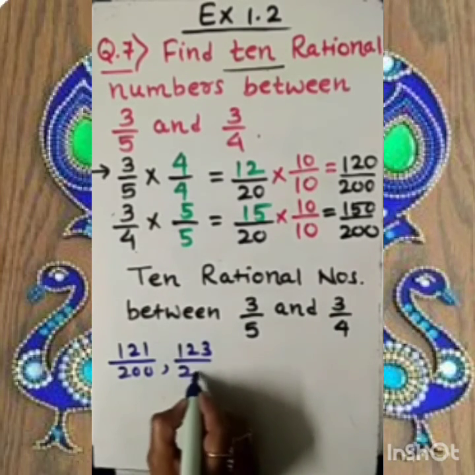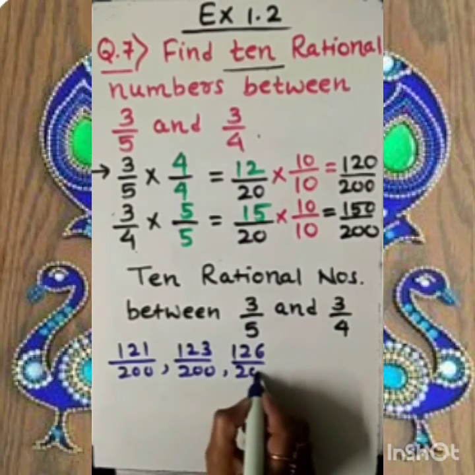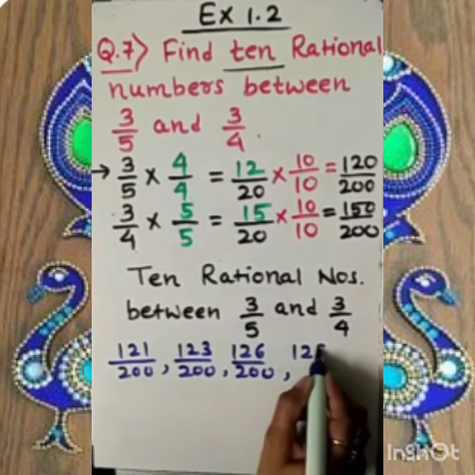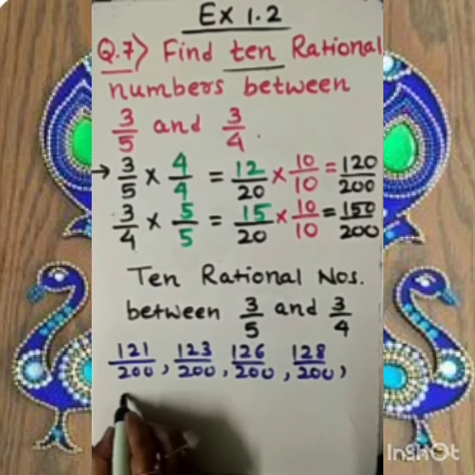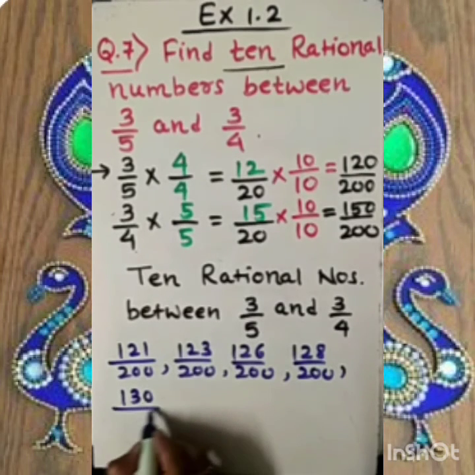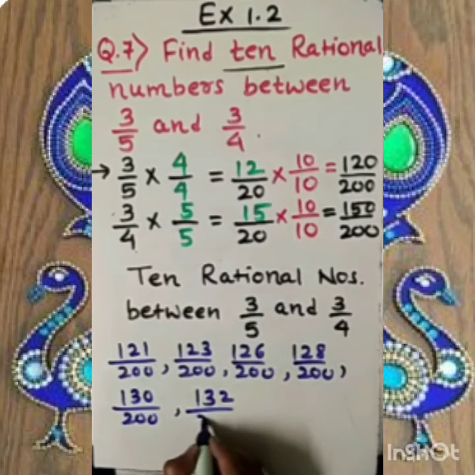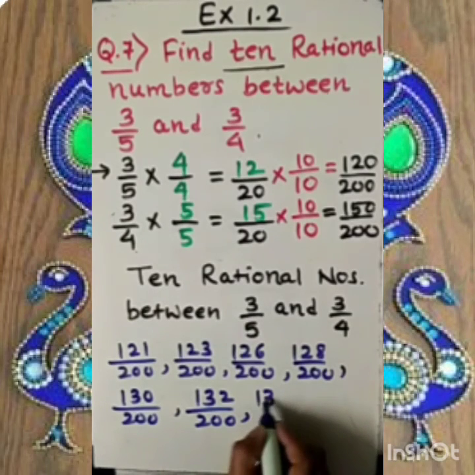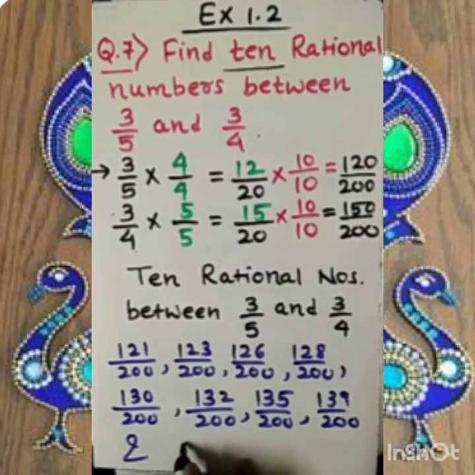123 by 200. Randomly I am choosing 126 by 200, 128 by 200. Then I would like to proceed to 130 by 200, 132 by 200, then 135 by 200, then 139 by 200 and 143 by 200 also.